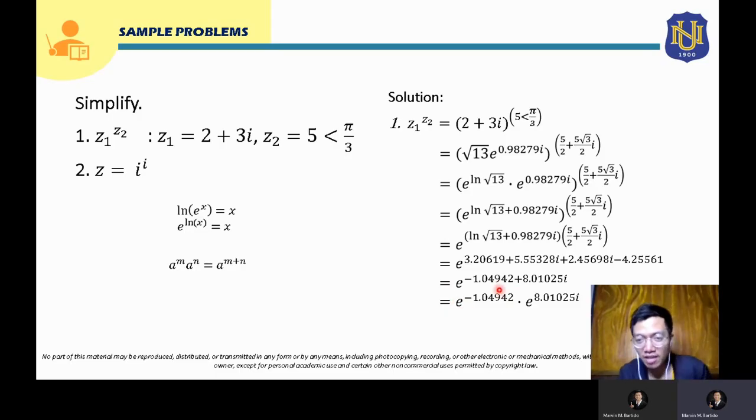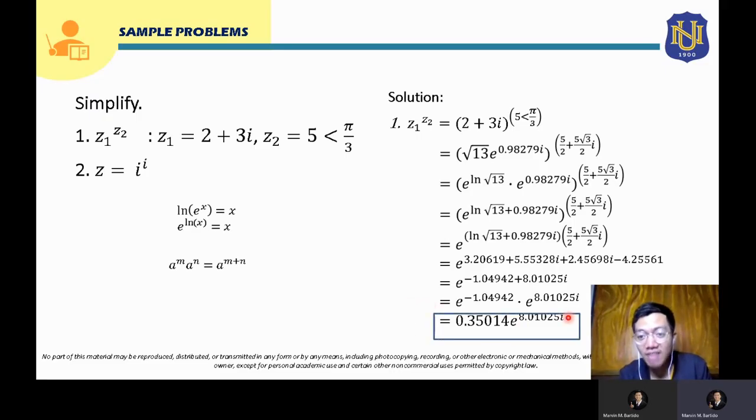So inputting this in your calculator, let's input that now. So e raised to negative 1.04942 will be equal to 0.35014. So that will be the value times e raised to 8.01025i. So this is now an exponential form of complex number, right?